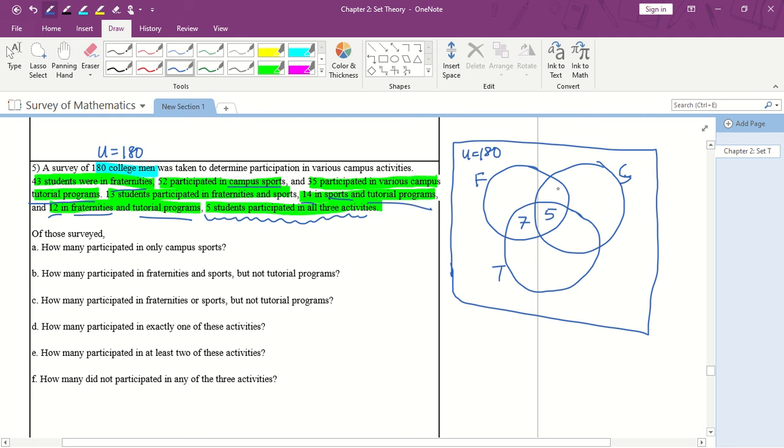It will be this region, sports and tutorial. Since there's 14 inside this region, you minus 5, and we have 9 left. And the next one, 13 students participated in fraternities and sports. So it will be this region. 13 minus 5 is 8.